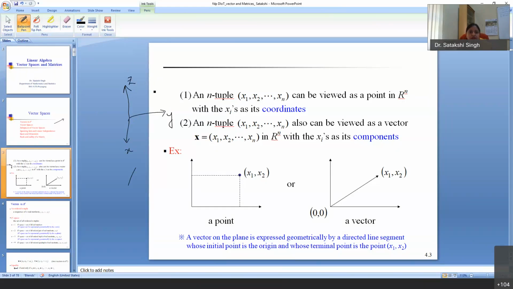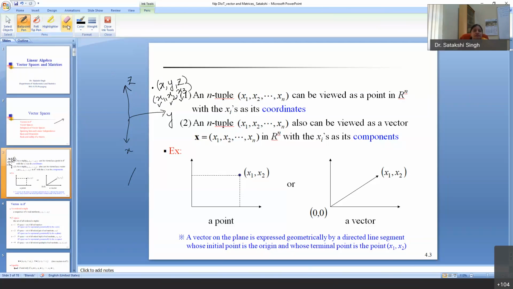So if a point is represented in the three-dimensional space, it will be represented like this, x, y, and z, or you may also write it as x1, x2, x3. So there will be three components associated with this vector. One is for the x-axis, another is for the y direction, and the third one represents the z direction.